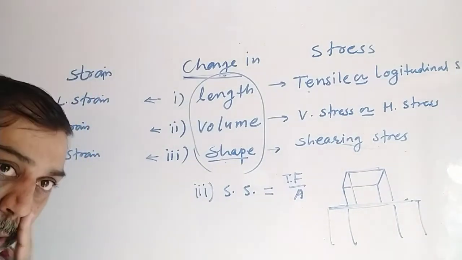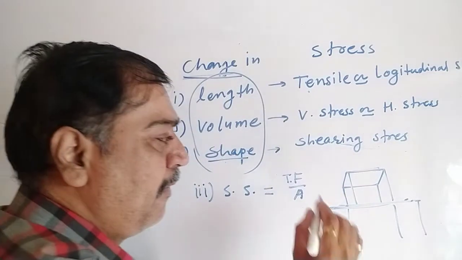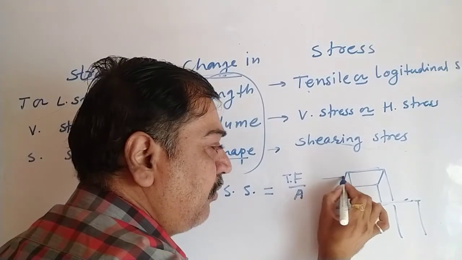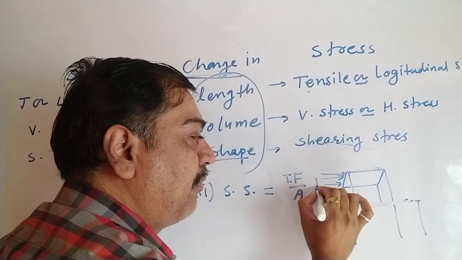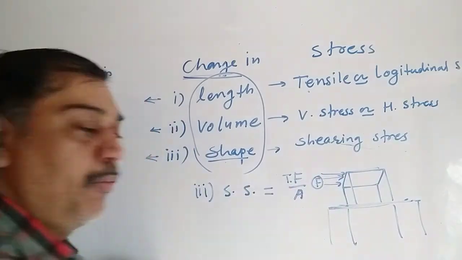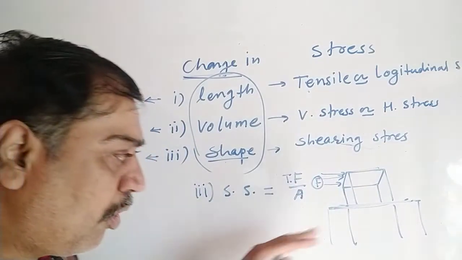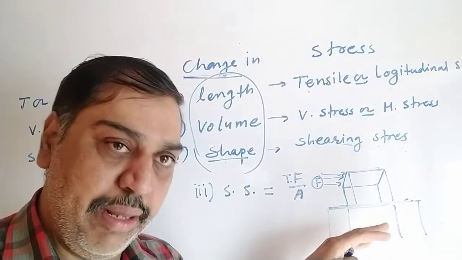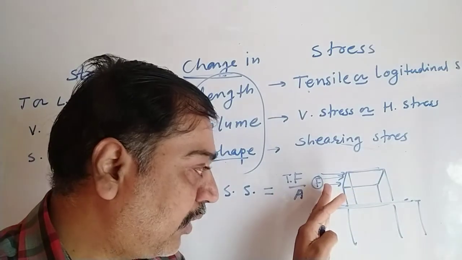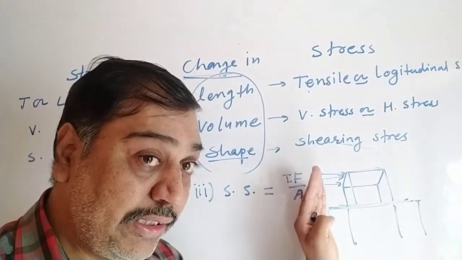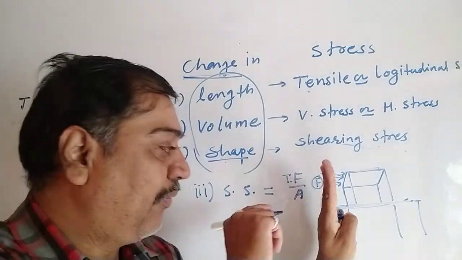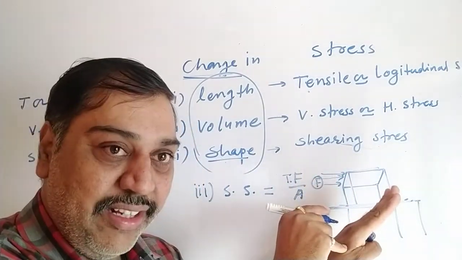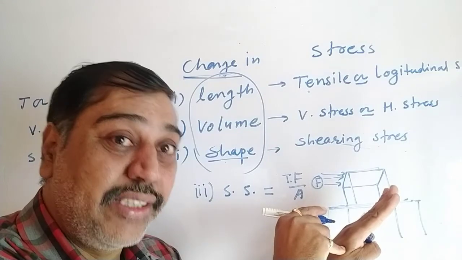Now when you apply some force at the top of this cube, what will occur? As the bottom surface is stuck to the table, the shape of the cube gets changed. Initially it is like this. Now by applying the force here, it goes like this. That is the change in the shape.